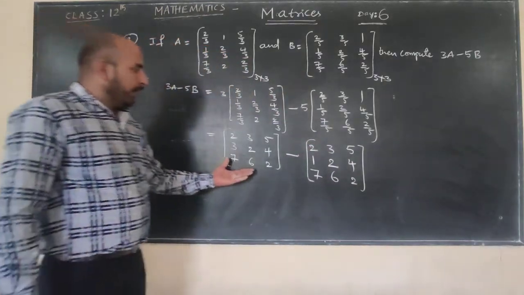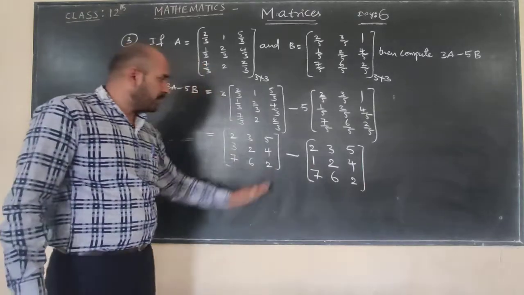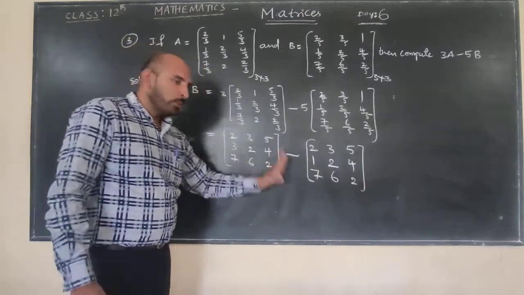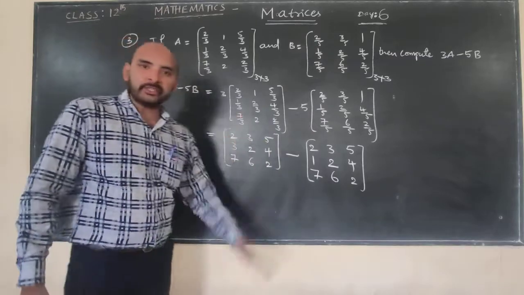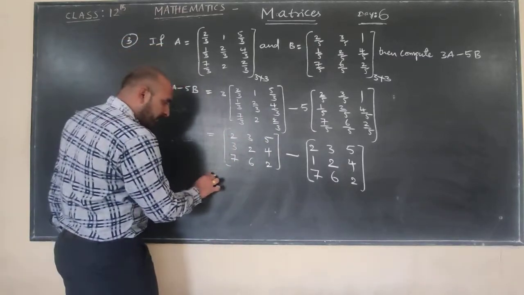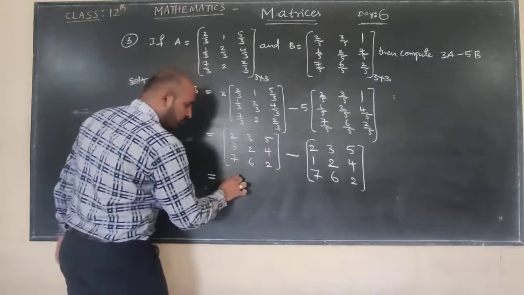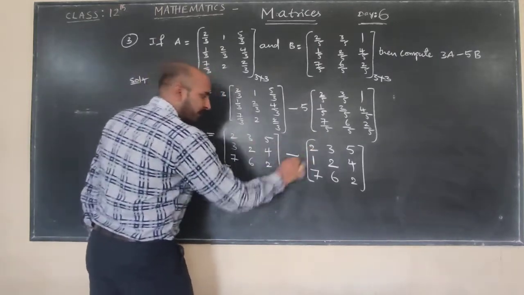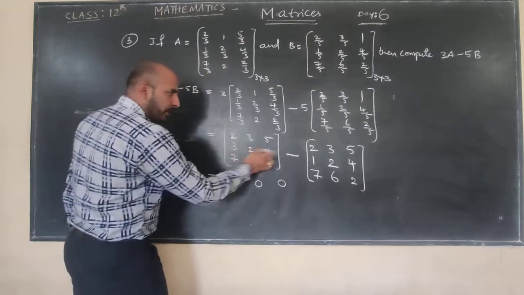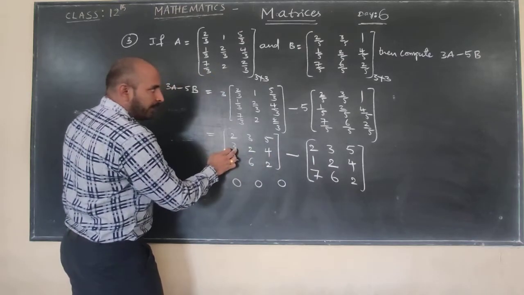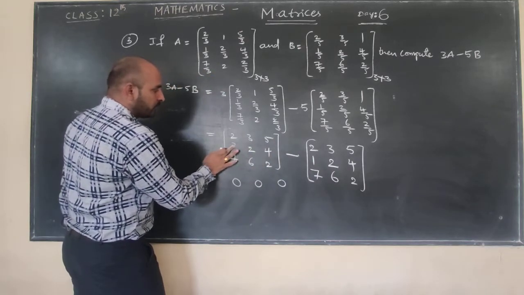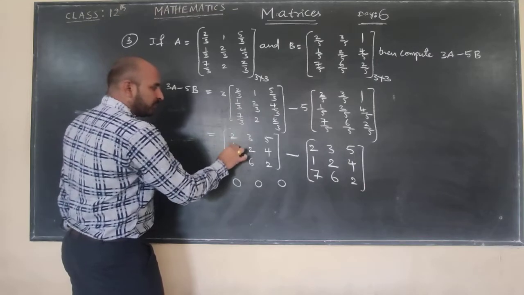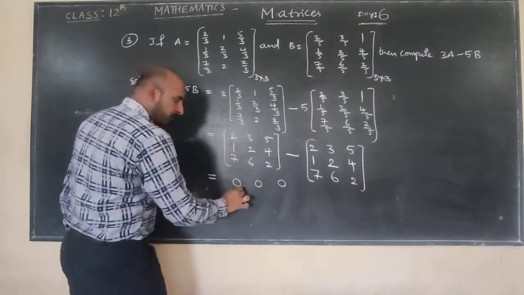So now, what do these two matrices mean here? Difference between two matrices means corresponding elements must be subtracted, which is equal to 2 minus 2, 0. 3 minus 3, 0. 5 minus 5, 0. 1 minus 1, 0.